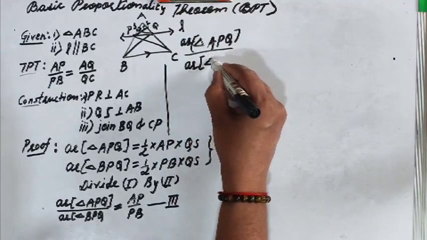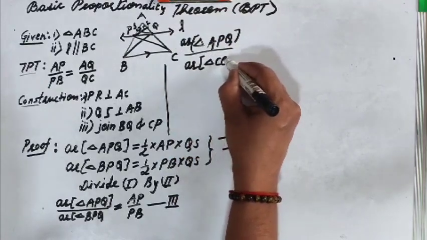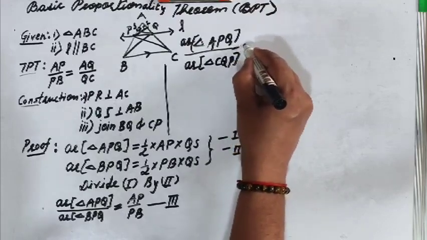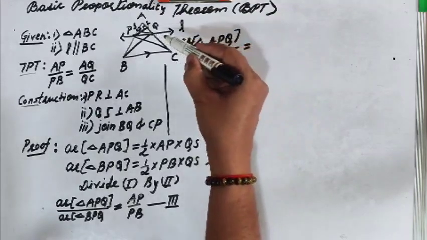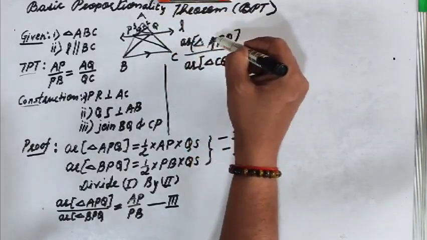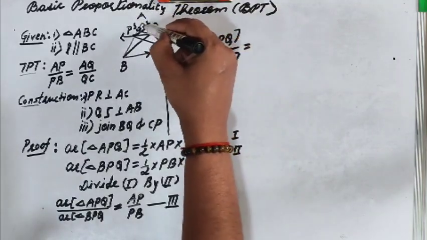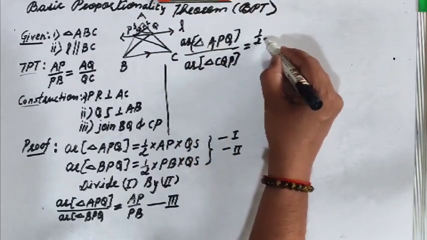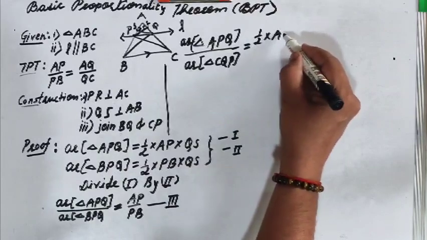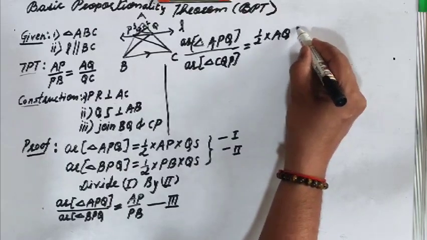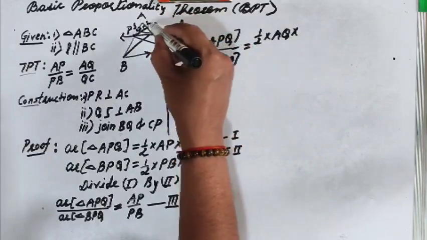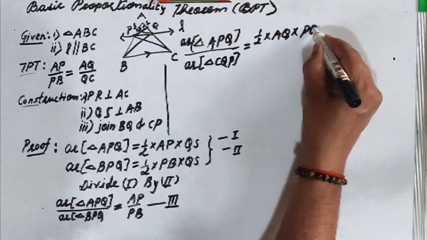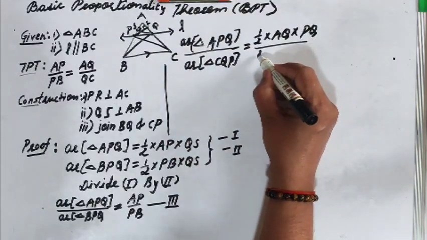So area of triangle CQP. In this, for APQ, I will take AQ as a base. So it is 1 upon 2 into AQ into, now on AQ, PQ is a perpendicular, divided by 1 upon 2.